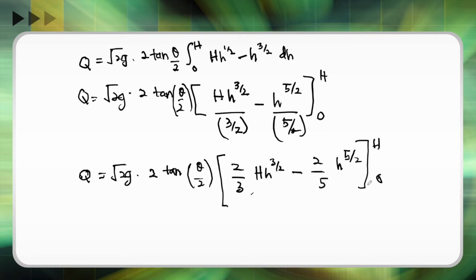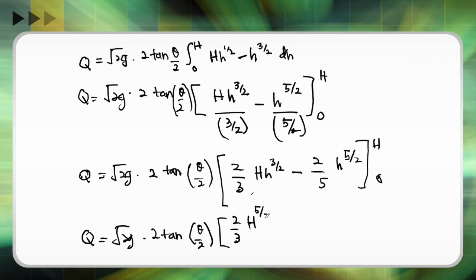And when the 0 value is substituted into this equation, it will be 0. Therefore Q is equal to square root of 2g times 2 tan theta over 2, and we will get 2 over 3 H to the 5 over 2 minus 2 over 5 H to the 5 over 2. We have the same 5 over 2 power, but we do not have the same denominators here.